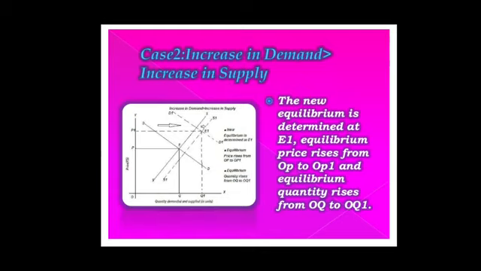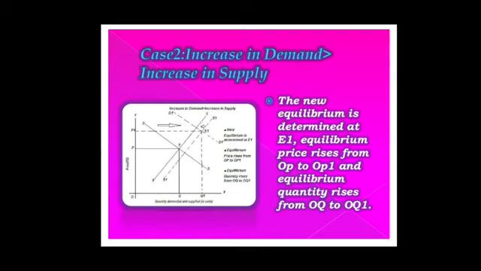We can see from the figure that increase in demand is much greater than increase in supply. As we can see here, the rightward shift in demand curve from DD to D1 is proportionately greater than the rightward shift in supply curve from SS to S1.